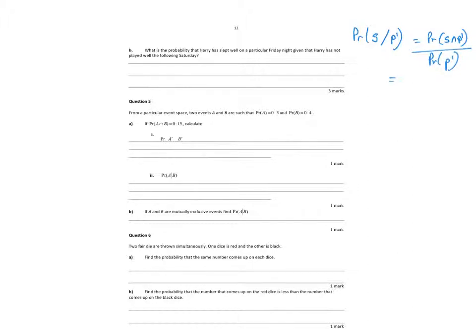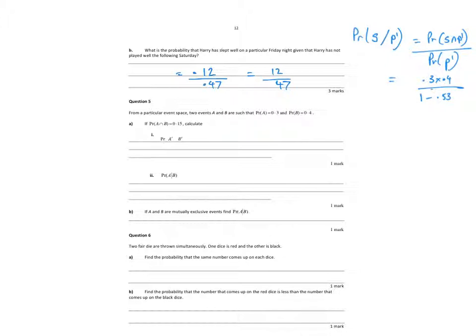Now sleep well and play bad is 0.3 by 0.4, over, well, the probability of play bad is 1 minus the probability of play well. So 1 minus 0.53. So it's equal to 0.12 over 0.47, which is equal just to 12 on 47. Okay.